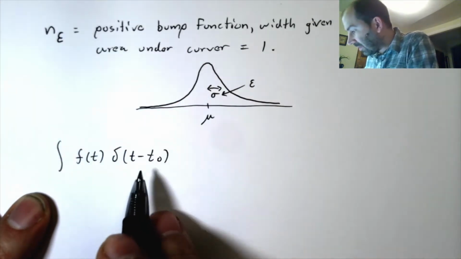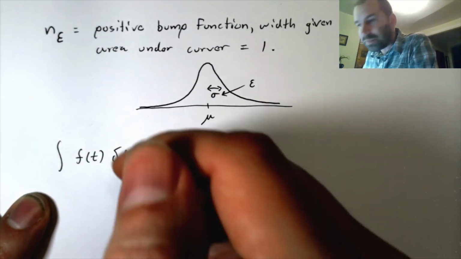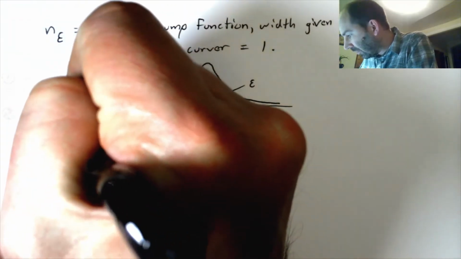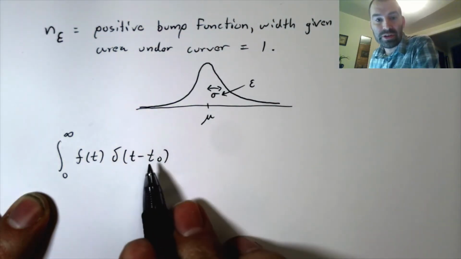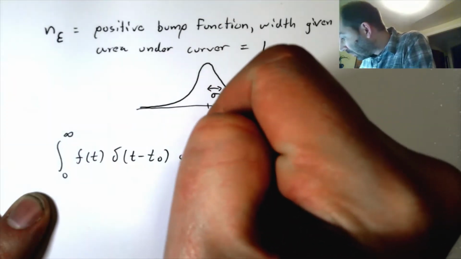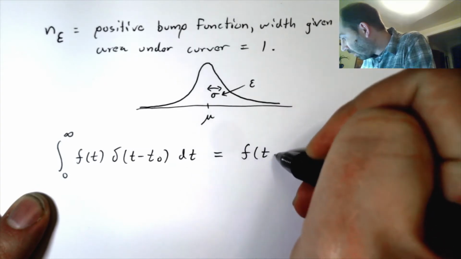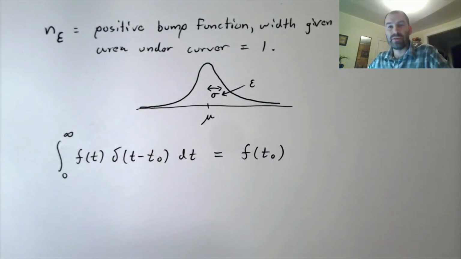If I integrate this over any interval that contains t0, right? So our t0 will always be positive, so I can get away with just using the interval 0 to infinity. If our t0 is positive, that will contain t0. What we were seeing is that this is always just going to give us f evaluated at t0.